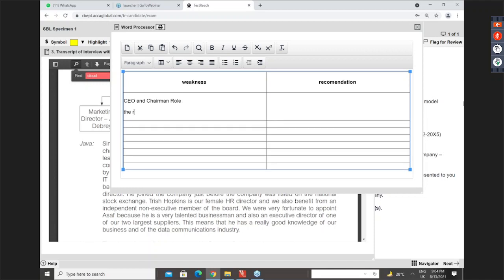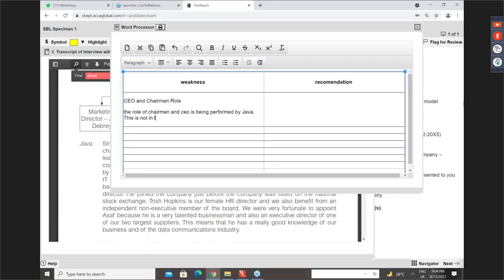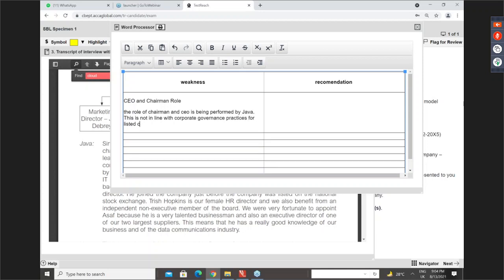I will say the role of chairman and CEO is being performed by Java. So, what's wrong in that? This is not in line with corporate governance practices for a listed company.